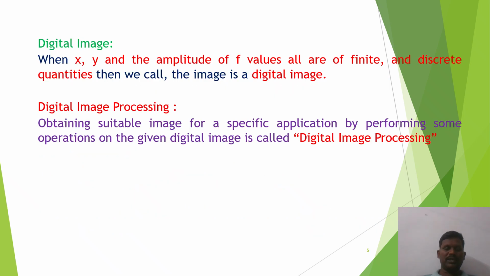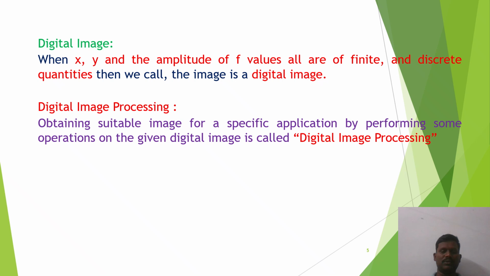From the image, we now define what a digital image is. Here x and y are the spatial coordinates and f is the amplitude. If x, y, and f are all discrete, finite quantities, then we say the given image is a digital image.